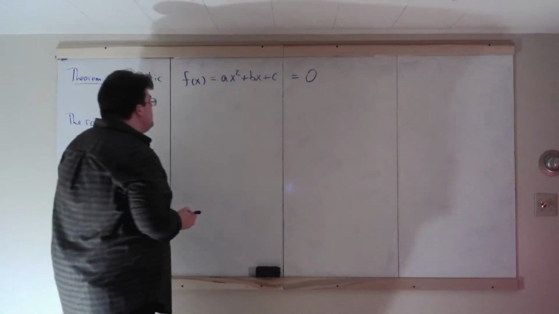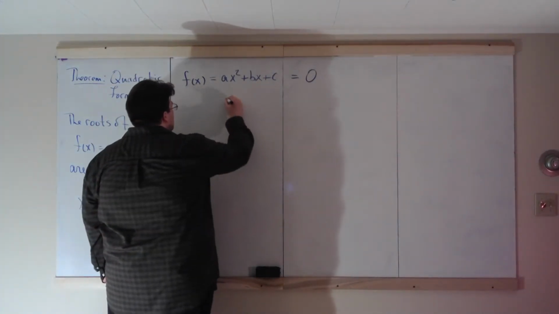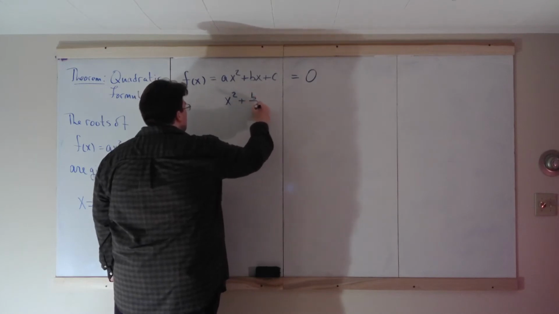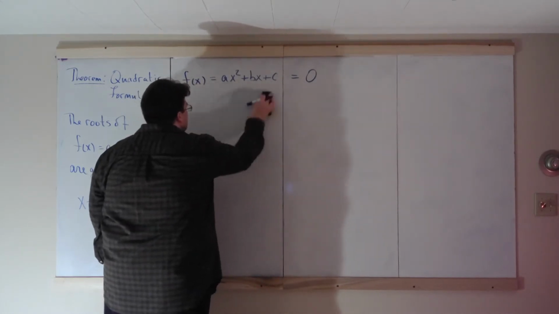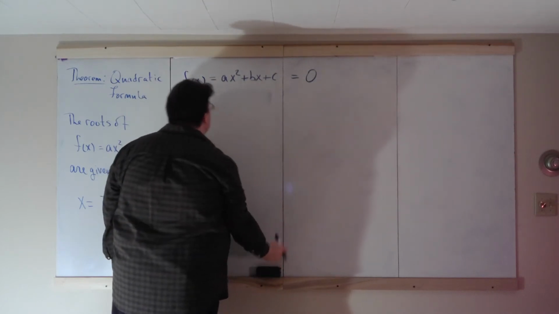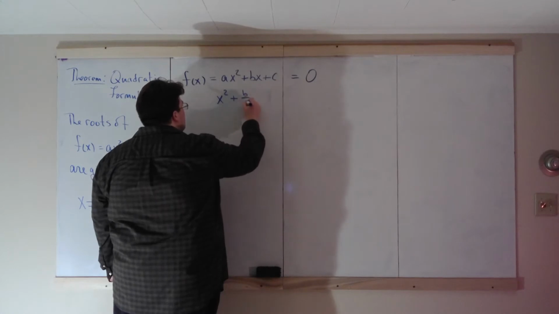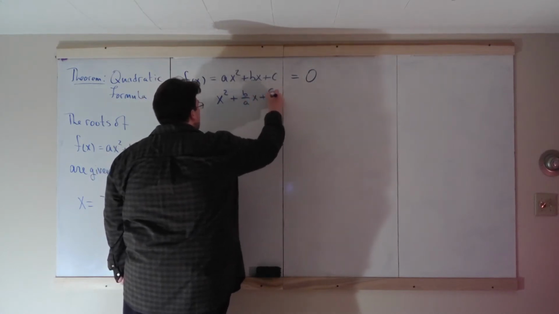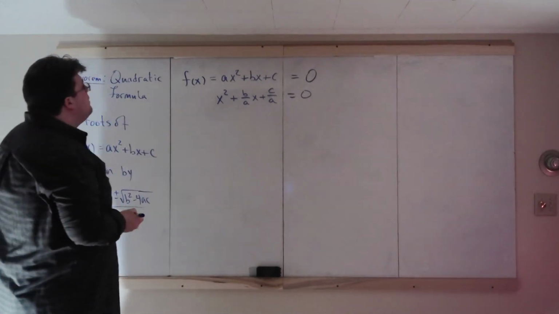So what are we going to do here? Well, first, let's get rid of that a. Maybe I should write it so it fits on this board. We'll get rid of that a by dividing everything by a. 0 over a is 0. Well, what do we do next?